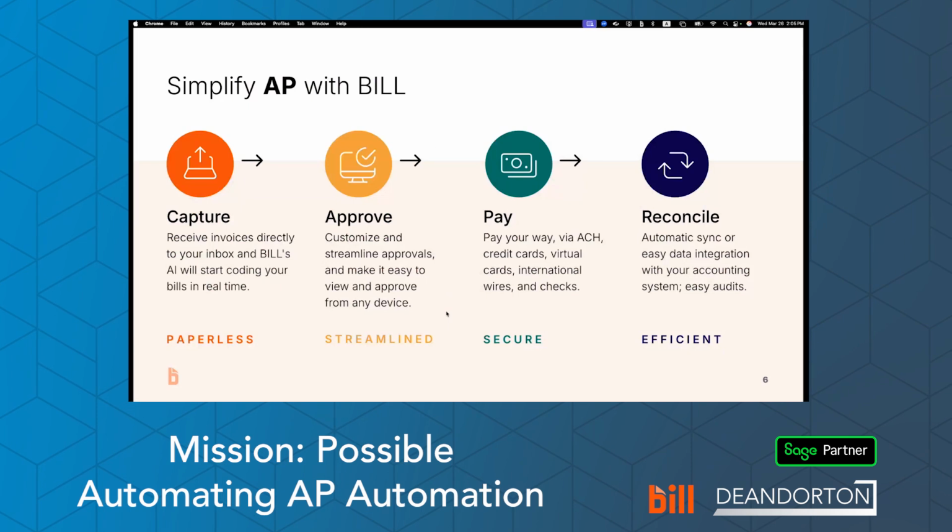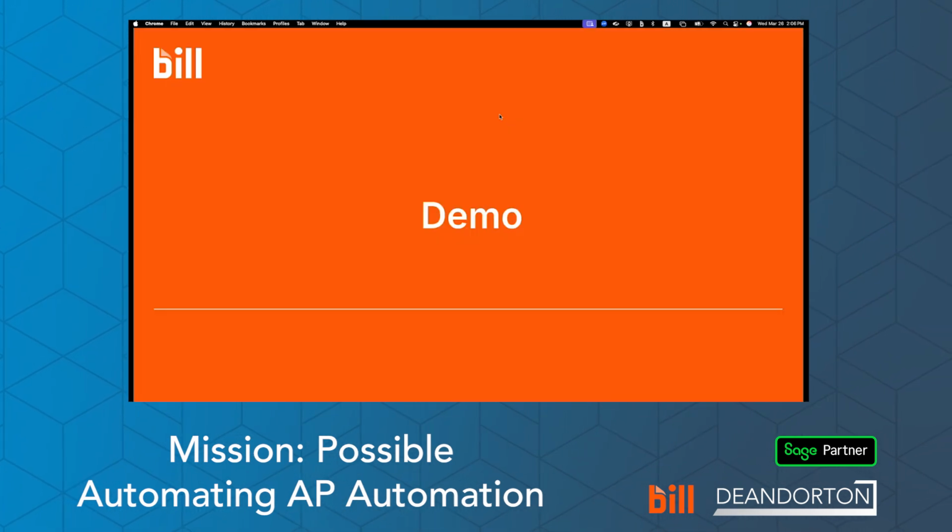How do we help automate your data entry? And then how do we make it easy to pay? We do that by capturing those bills. You're going to have an inbox where all bills can be funneled. We have the ability to route bills specifically for approval. And then we're going to pay those bills and reconcile with your accounting solution.